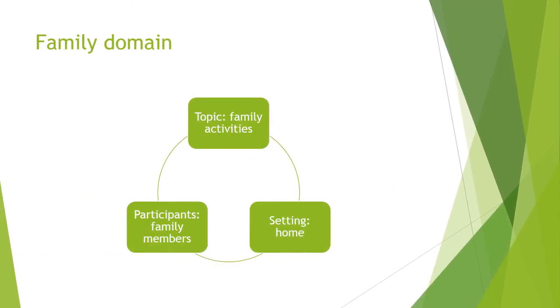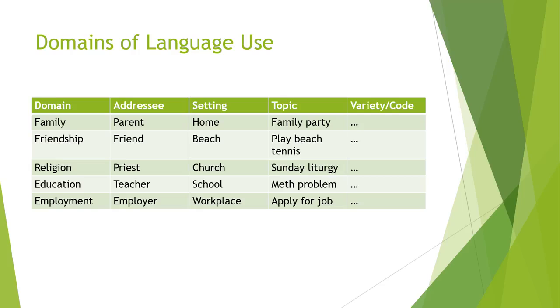This is an example of a typical domain, that is the family domain. In the family domain, the topic can be family activities, the setting is at home, and the participants are family members. This table shows five domains and examples of their distinctive domain-specific factors.